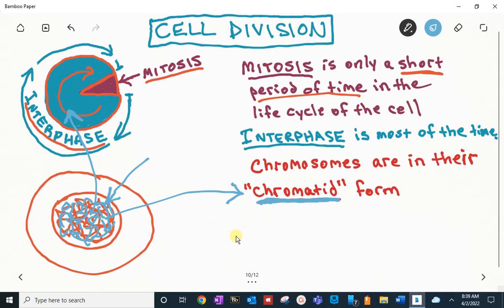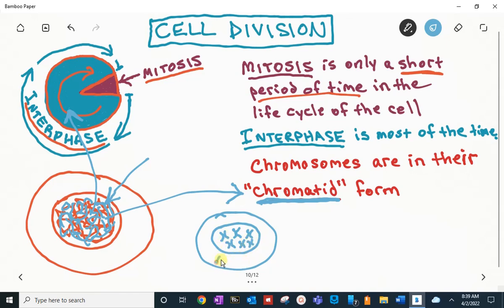And then when it gets to be in mitosis, here's another cell, here's the nucleus. During mitosis, these chromosomes all kind of come together and wind up really tightly and make these little short segments here.